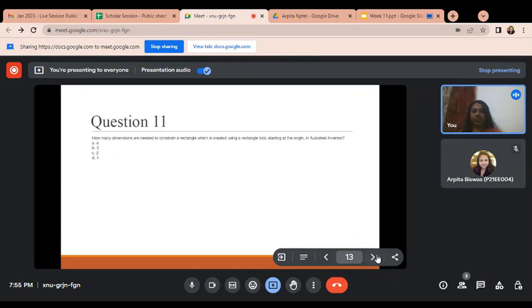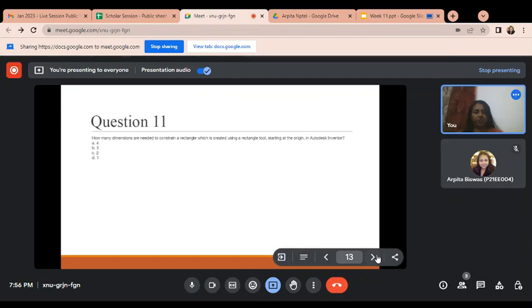Next, we are moving toward question number 11. How many dimensions are needed to constrain a rectangle which is created using a rectangle tool, starting at the origin in Autodesk Inventor?